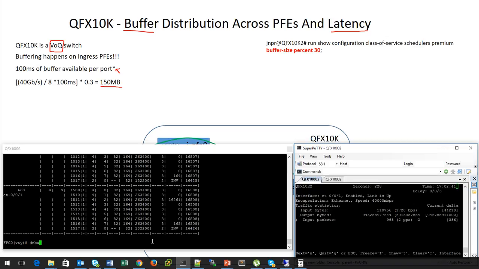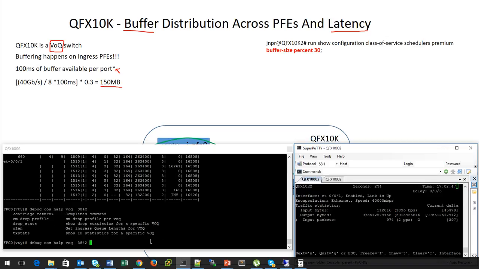And here I can see that I have a parameter called queue length. Get ingress queue length for this particular virtual output queue. And why is this queue length important?